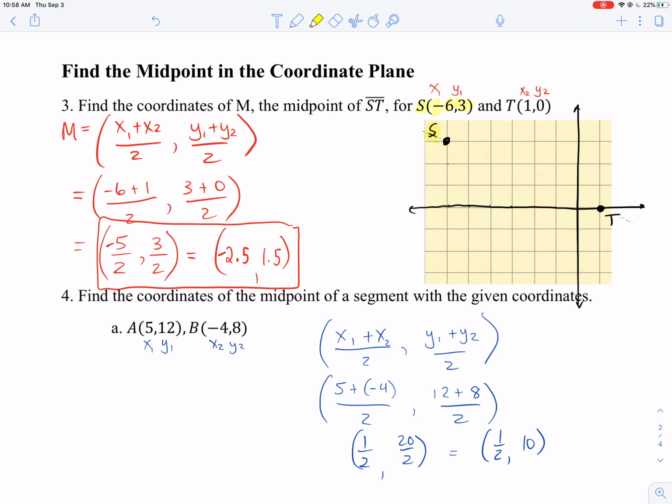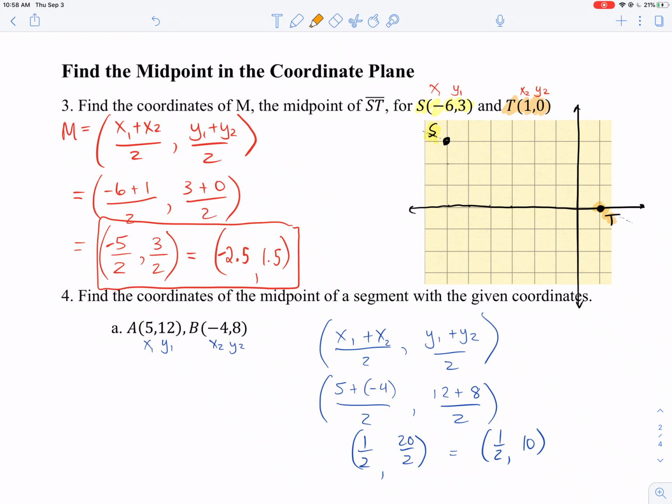If you have graph paper you're using to take your notes, go ahead and use it, or just sketch a graph. It's really hard when you're doing midpoint and finding distance, you just need to have a very accurate graph, because if you don't, you could maybe miss the line, so it's hard to guesstimate it. And then our point for t is going to be at 1, 0.